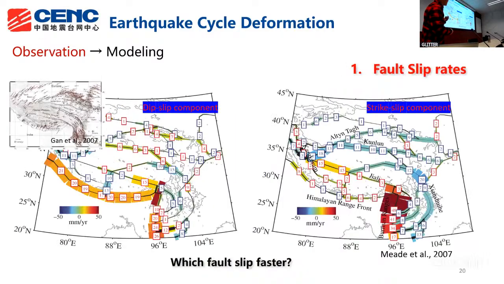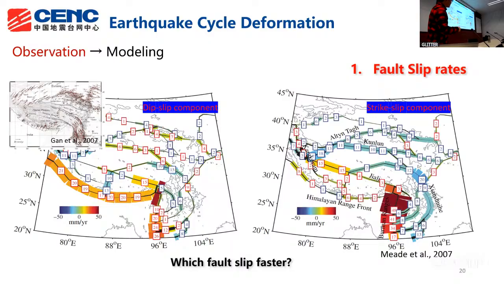So first is the fault slip rate. A faster fault slip rate indicates a higher seismic risk in the future. So we also use the interseismic velocity field in modeling to invert the fault slip rate.